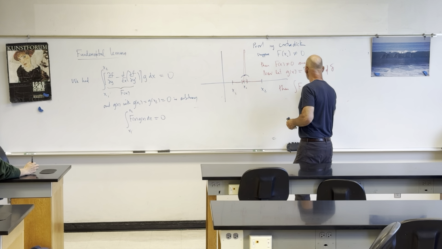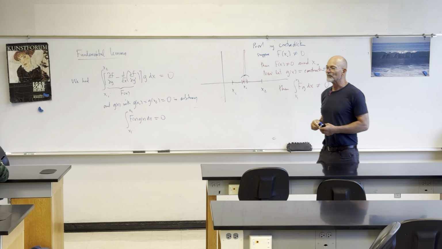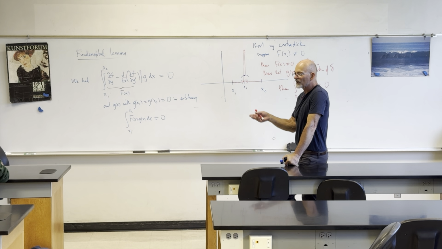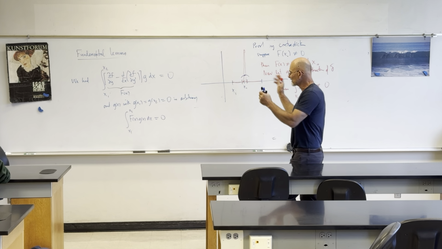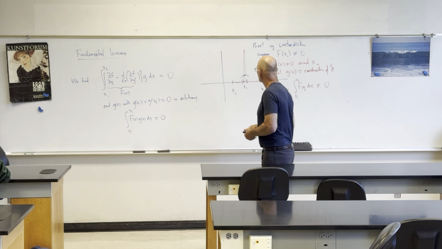Integral fg dx is clearly not equal to 0, and there's our proof by contradiction. Yeah, good to know these kind of things, just for background on how we argue in physics. Someday you guys will make a discovery, and you may use this proof right there.